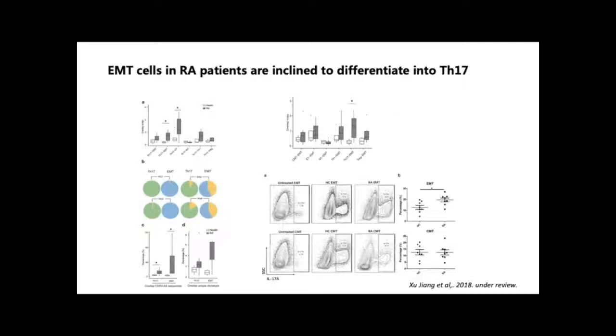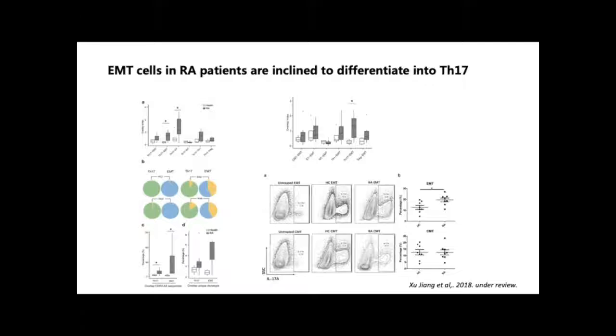But when we plotted the correlation between effector memory cells and other cell types, we only found the enhancement of overlap between Th17 cells and effector memory cells. This gives us a hint of a connection between Th17 cells and effector memory cells.